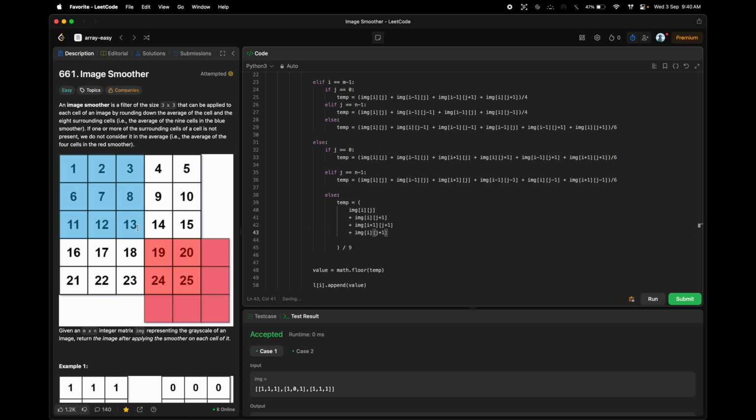Oh no, I will be incremented, j will remain the same, and then I will be incremented, j will be subtracted.